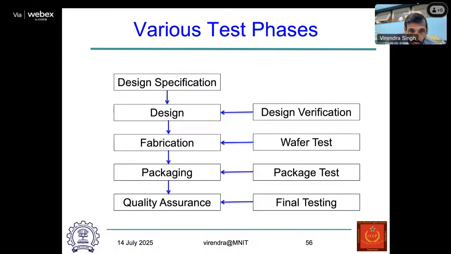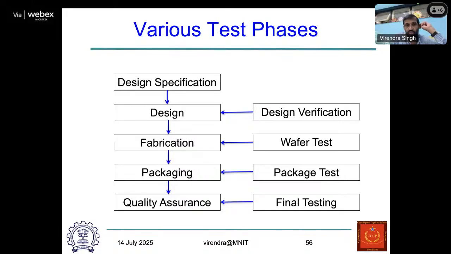So in test, we can test the chip at different levels. You have a design, you have specifications that have to be synthesized, and then the synthesized design has to go for fabrication. After fabrication, you package the device, and then you have to do the quality assurance.